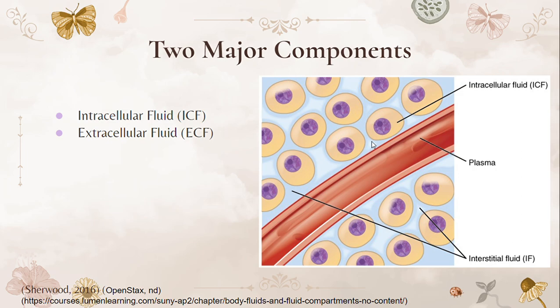Extracellular fluid comes in two main components I'll touch on again in just a minute. This can be found in either the plasma, which is only found within blood vessels, so veins, arteries, capillaries, small vessels, or within the interstitial fluid.